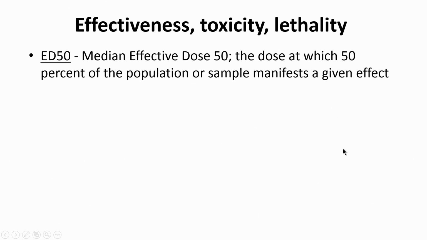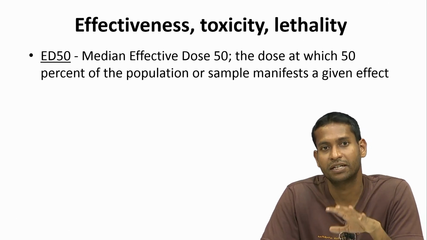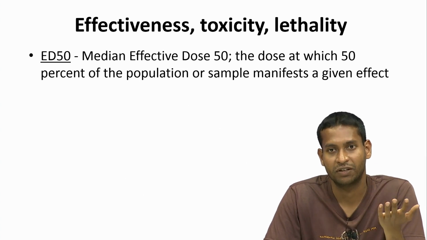Okay, so as I said, we are going to define a few more terms, which are used quite a lot in medical fields as well as in drug delivery areas. One is ED50, which means the effective dose 50. When we say that a drug has an ED50 of a certain value, that means that at that particular dose almost 50% of the population will manifest a given effect.